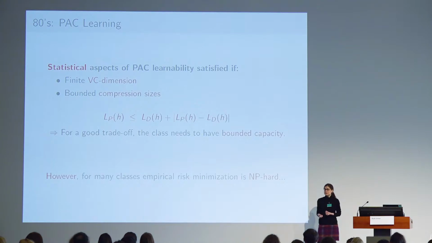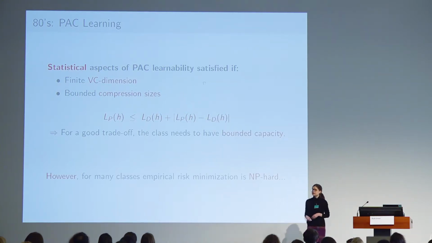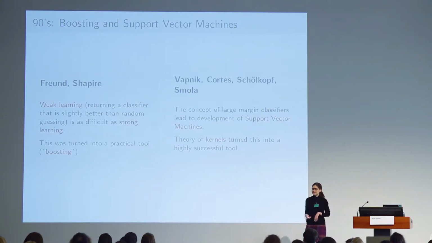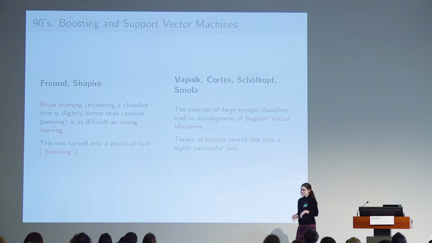So really the problem became, well, how can we, on the one hand, guarantee the statistical requirement that we want to have a good performance on unseen data, while at the same time have efficient algorithms that implement this. And that, in the 90s, led to maybe two of the most known and successful learning tools.